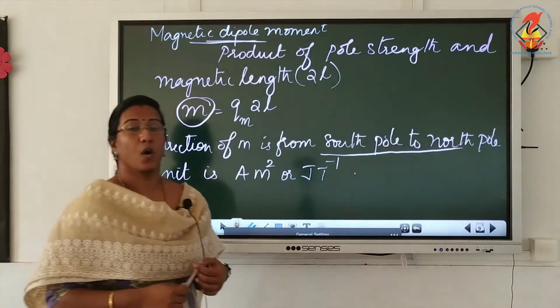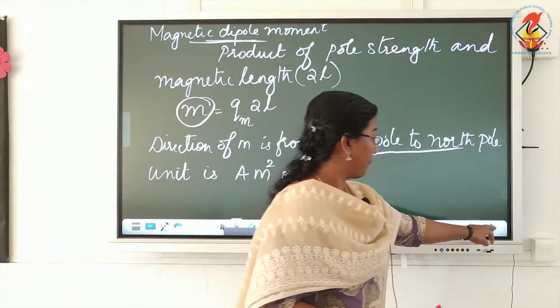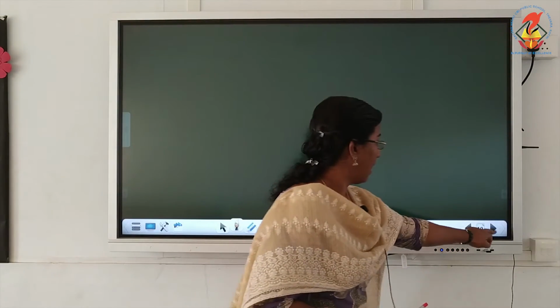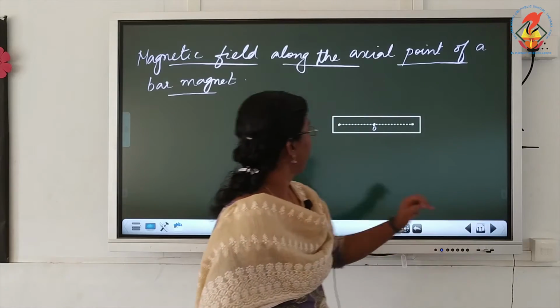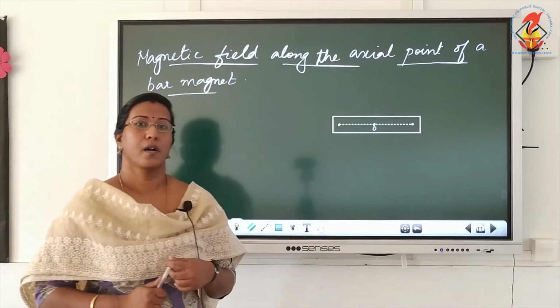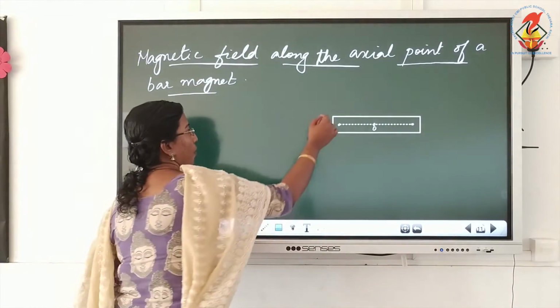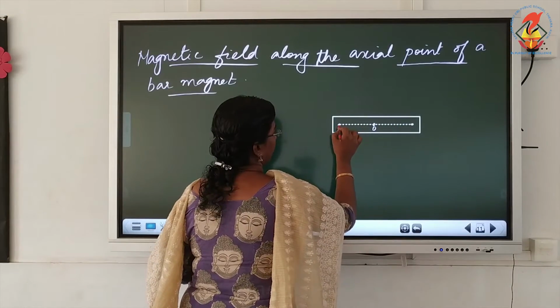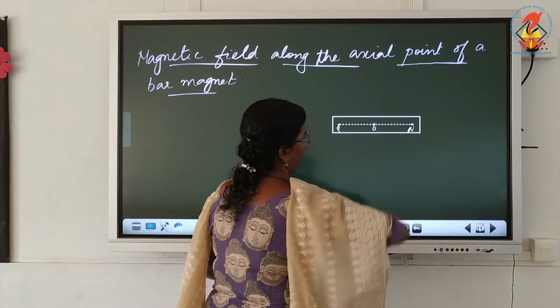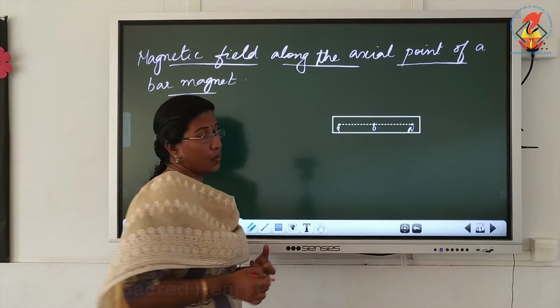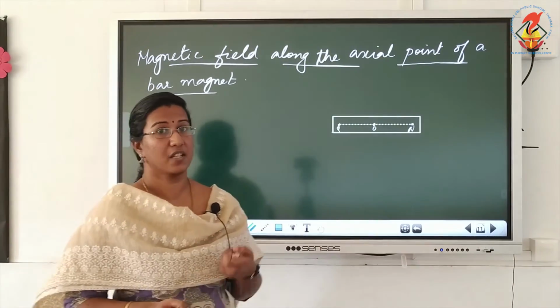Now, let us see what is the magnetic field at point P along the axis, the axial point of a bar magnet. Imagine you have a bar magnet and the distance between the poles is the magnetic length 2L.